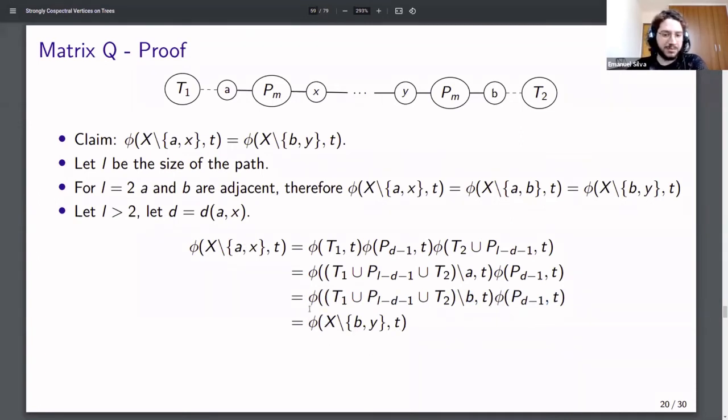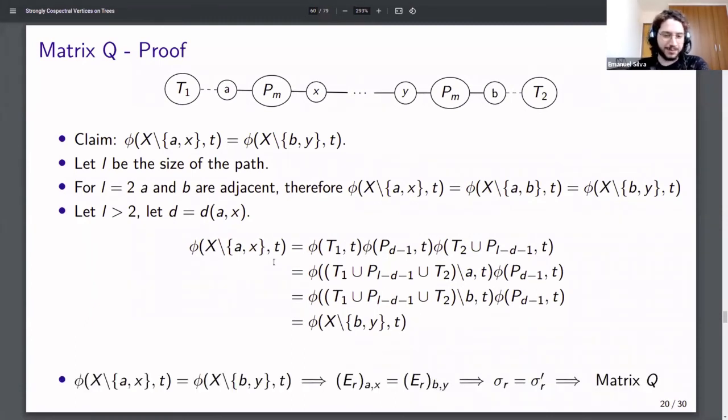And therefore, the two terms are equal. So just what we did here, we showed that phi of X minus AX is equal to phi of X minus BY, because this would imply that the entries of the idempotents, the entry AX and the entry BY, are equal. And this would imply that sigma r is equal to sigma r prime.